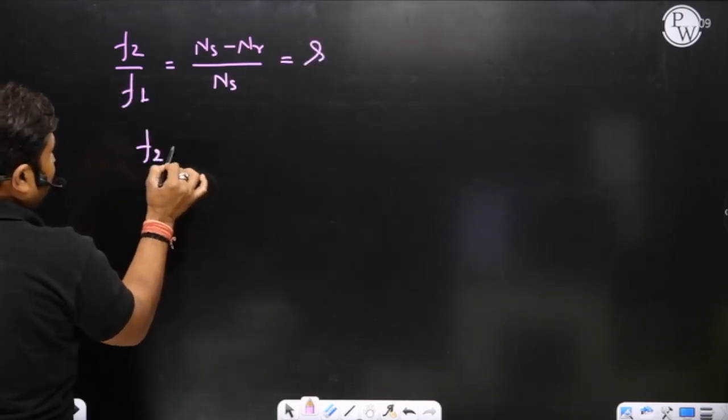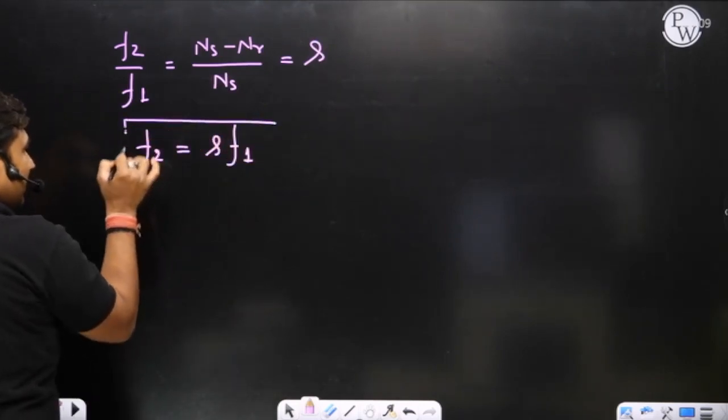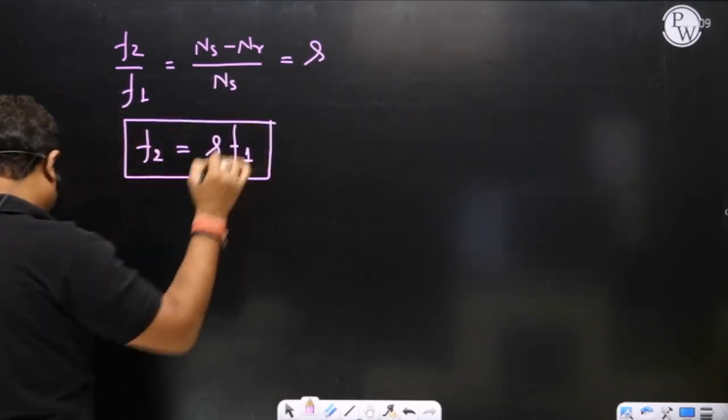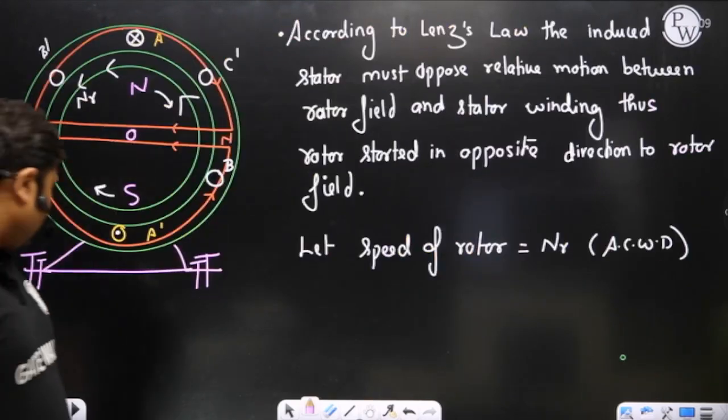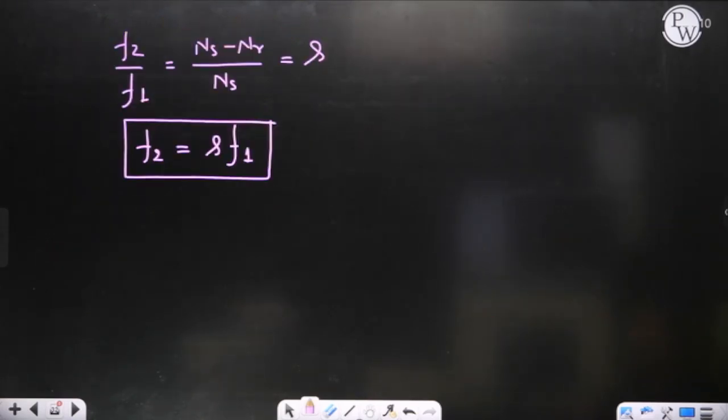So the frequency of induced EMF in the shorted stator is slip times the frequency of supply to the rotor. Frequency of induced EMF in stator due to rotor field, and in rotor due to rotor field: F2 by F1 becomes slip times the frequency.